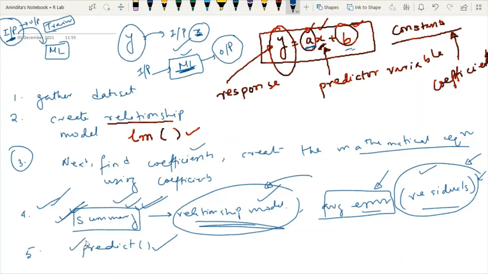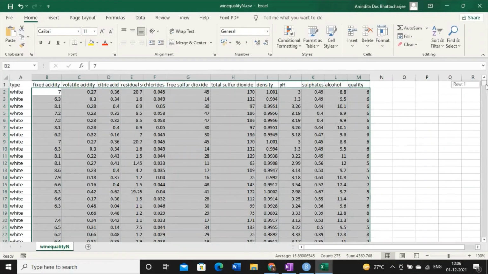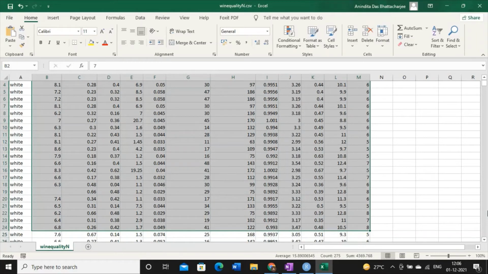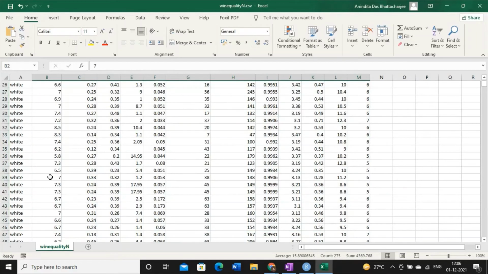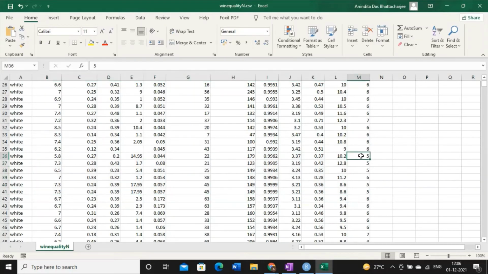Now, what do we mean by prediction? Prediction means that after the training part is over, we will pick up some random values like this. We will only pick up the features and feed them to the machine, and then the machine will give us some outcome. Then we will check whether the outcome our machine is giving matches our actual solution or not.